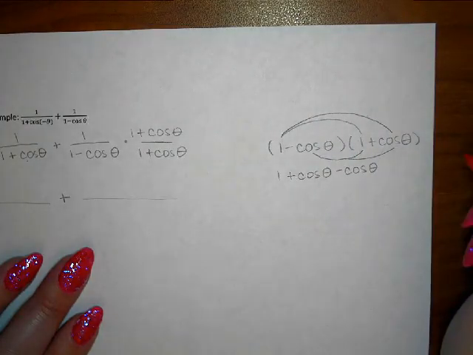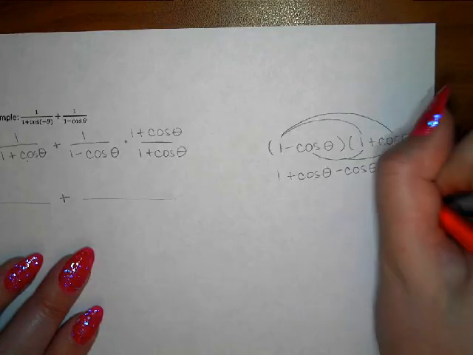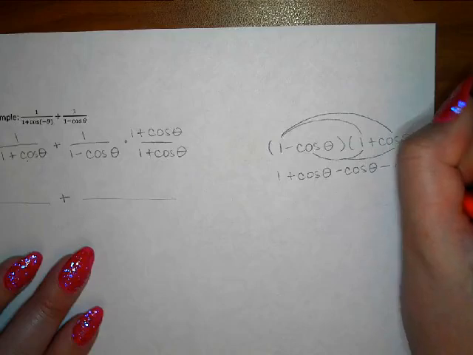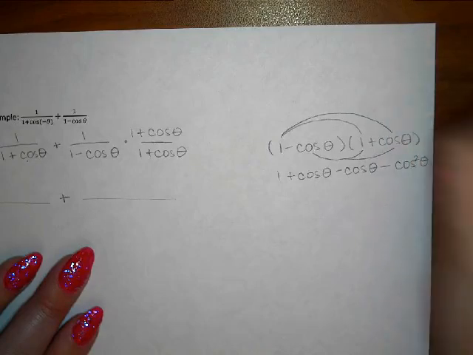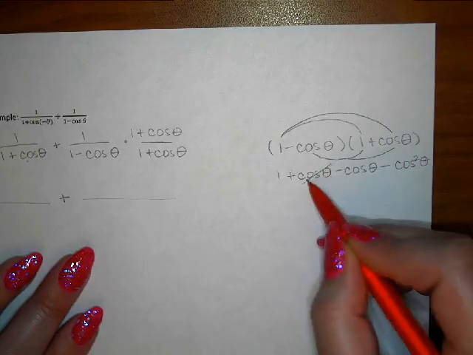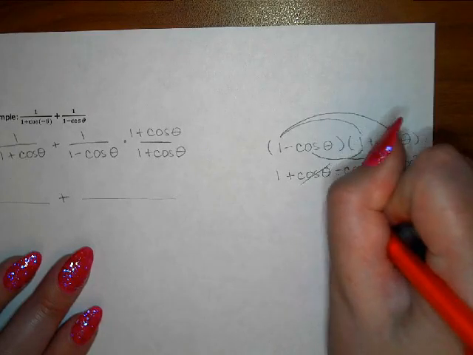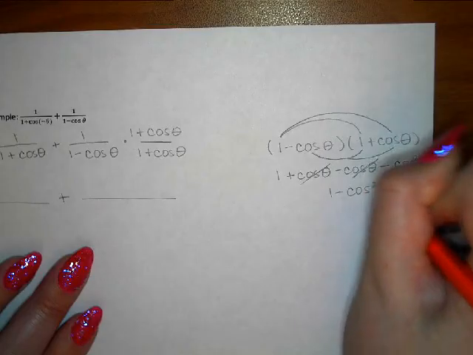So the positive cos and the negative cos cancel out, and we end up with 1 minus cos squared. Okay, so this is the denominator for both of these fractions. So 1 minus cos squared, 1 minus cos squared.